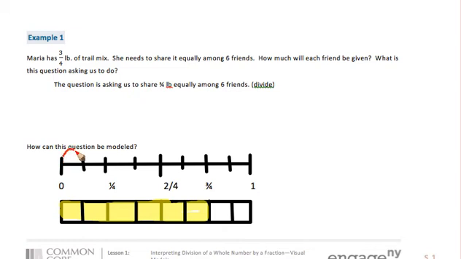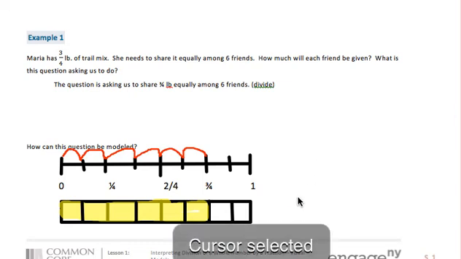So when we look on the number line, we can see we have 1, 2, 3, 4, 5, 6 pieces. And there are 8 pieces altogether on the number line. Same way with our fraction bar. So what we're actually showing then is that each person would get 1/8.